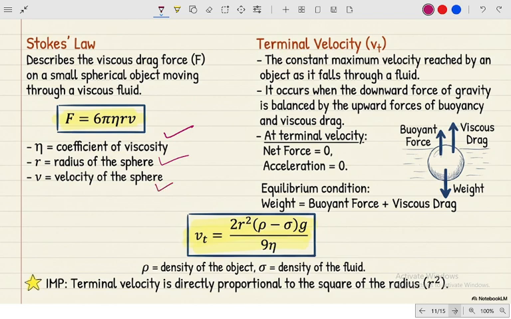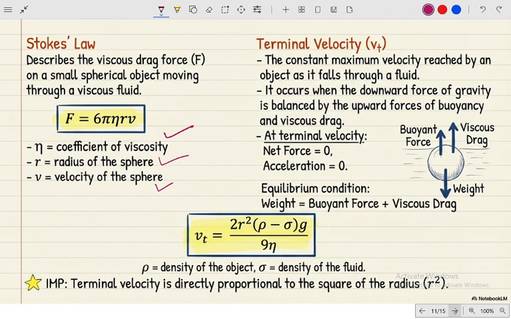Now, if we want to find the terminal velocity, it is the constant maximum velocity reached by an object as it falls through a fluid. It occurs when the downward force of gravity is balanced by the upward forces of buoyancy and viscous drag. Now, this is the buoyant force, this is the viscous drag, and this is the weight; both are equal. At terminal velocity, net force is equal to 0, so acceleration is equal to 0. Equilibrium condition: weight is equal to buoyant force plus viscous drag.